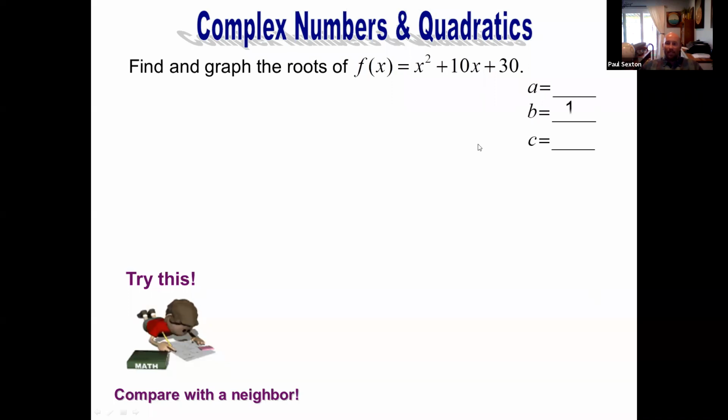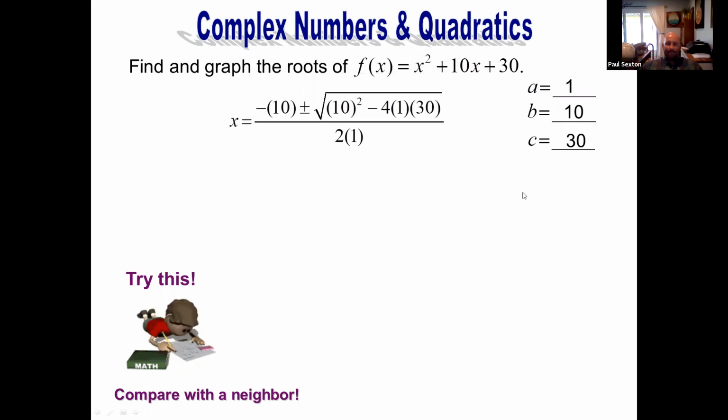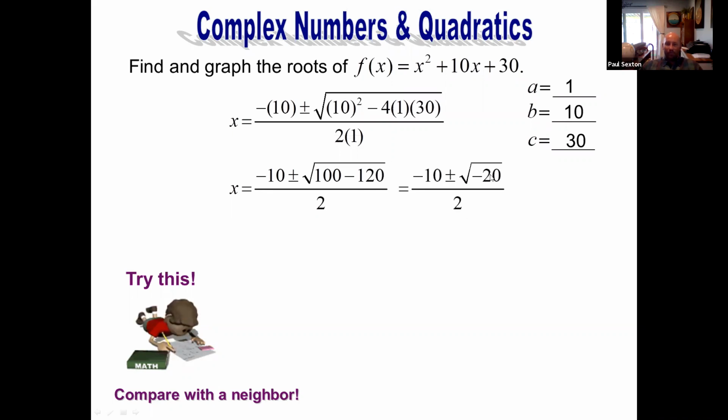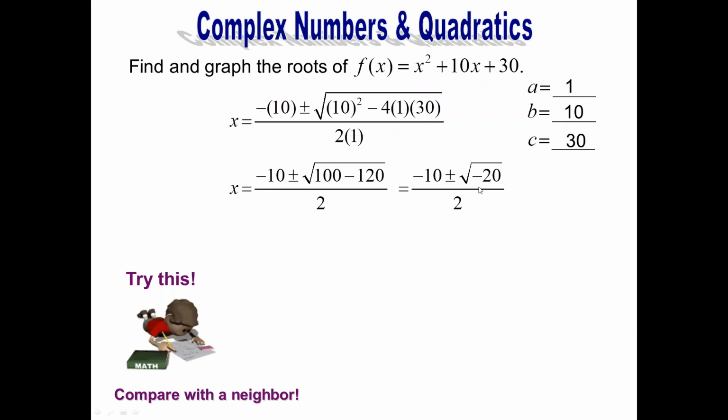Let's go through it. So I got my A, my B, and my C. Okay, so this is 100 minus 120. Not that big of a deal, easy to do. So you get -20. So think of 20 by itself without the negative, and then just put an i on the outside. So what are the numbers I'm gonna use when I think of 20 if I want to reduce a radical? 4 and 5? 4 and 5, and why 4 and 5?